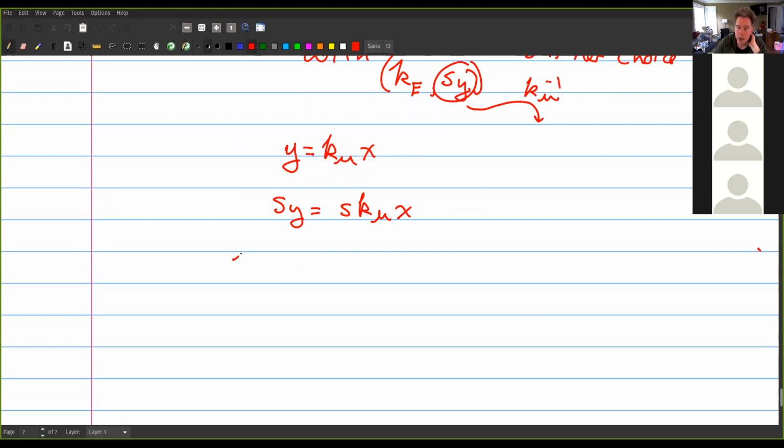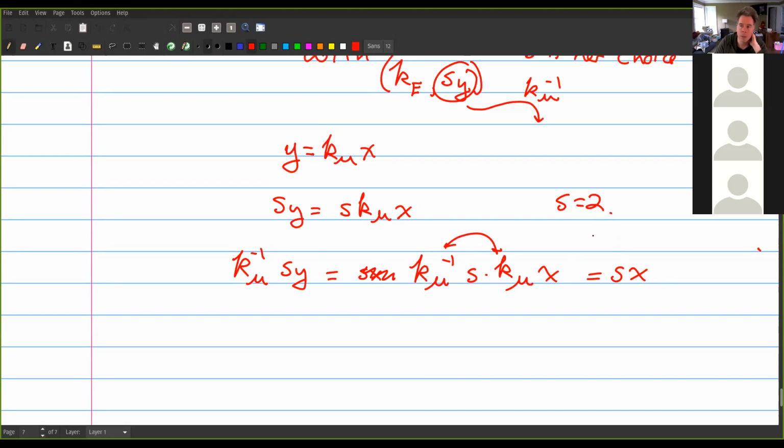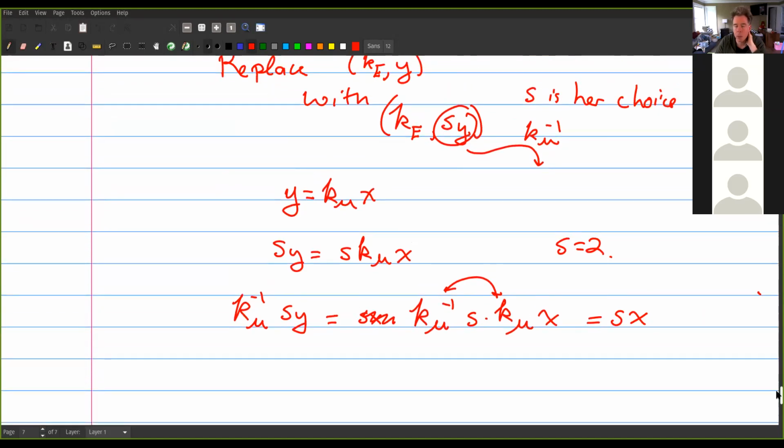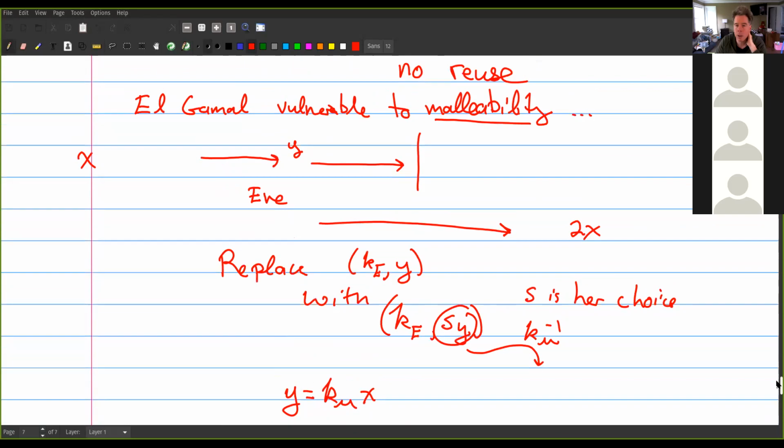So if he applies Km inverse to SY, that turns out to be SX. Let me write it all out. This is Km inverse times S times Km times X, and these put together kill each other, and it turns out to be SX. So if S were a 2, then Eve can double what Bob thinks is the plaintext. So it's a malleability attack, kind of similar to the one that we did on RSA.